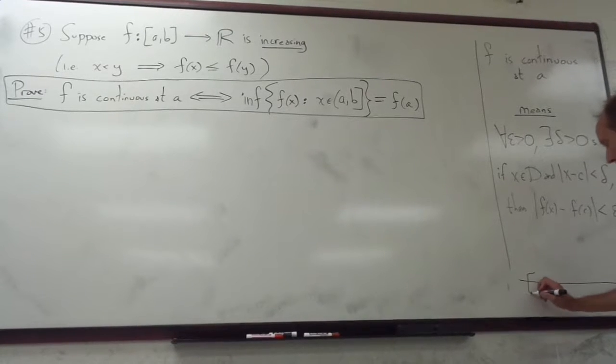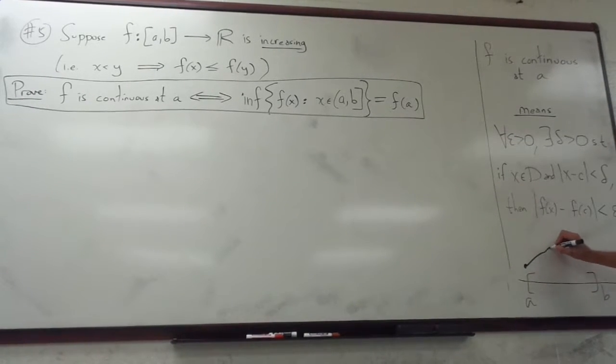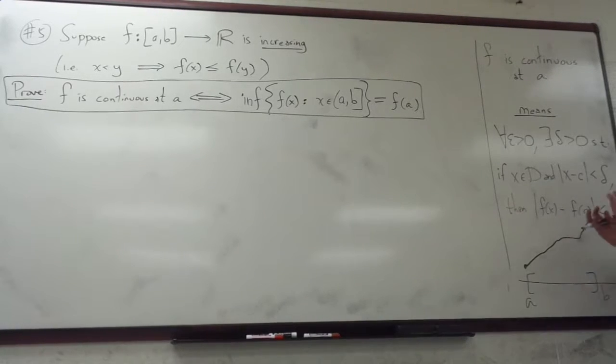Now it might help to actually just draw an example here. So suppose we have the interval from a to b, right? And this is an increasing function, so it means it has to go up, up, up. It can be flat, but it more or less has to go up. And what we're doing is we're looking at the infimum of all of the output values of this function.